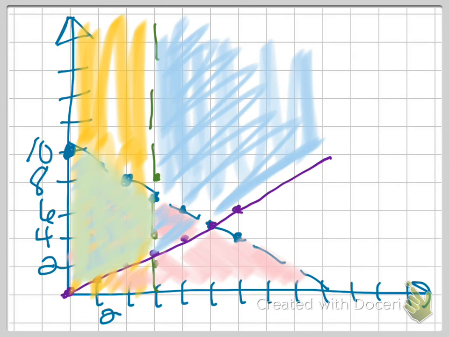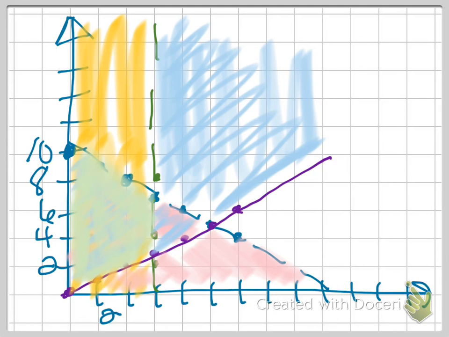The last part of this problem asks us about answers that would be located in our shaded region. Now, on part C, they ask us to give one that would make sense and one that wouldn't make sense. What would make sense? What types of numbers? Whole numbers. Okay, even numbers maybe, maybe not, because they do have that free throw thing thrown in there.